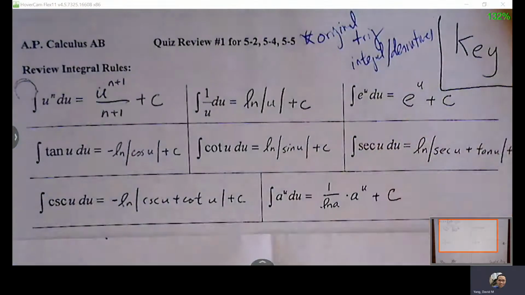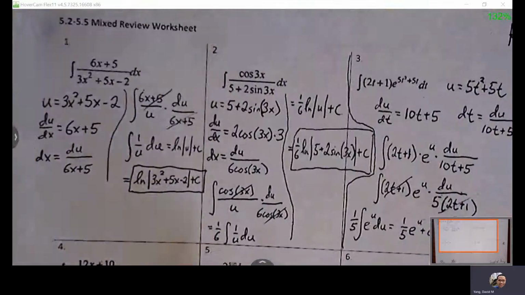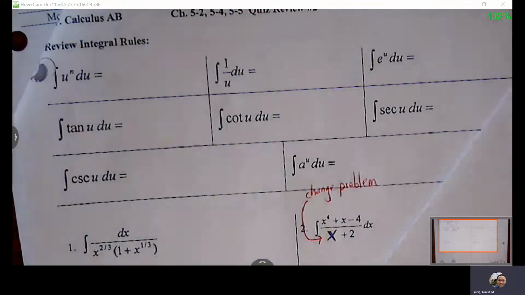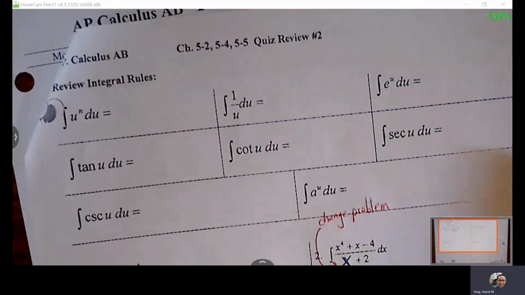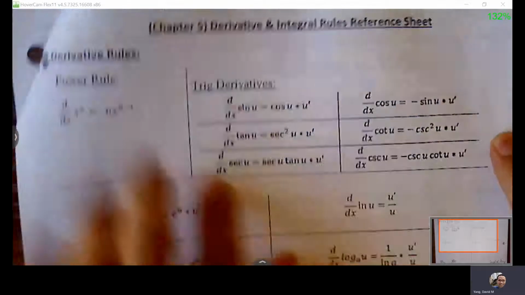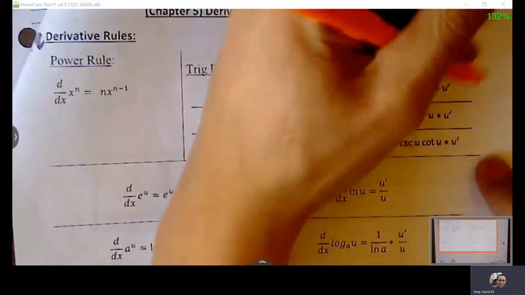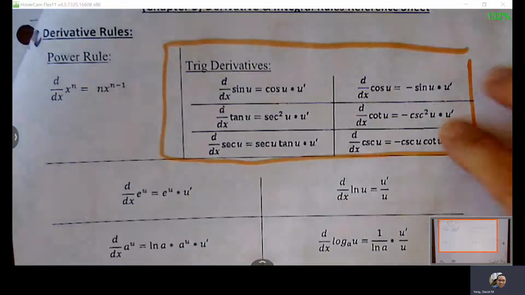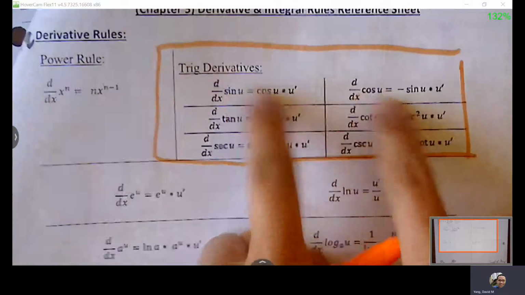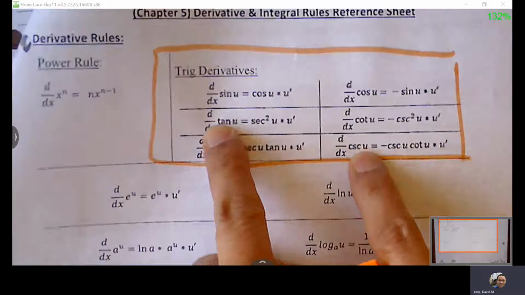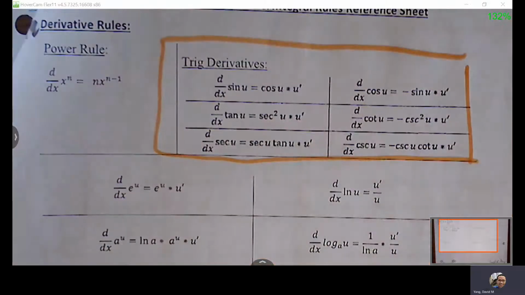So these rules here, and then if you look on page 7. Because if you know these trig derivatives, you know how to involve the trig integrals, right?